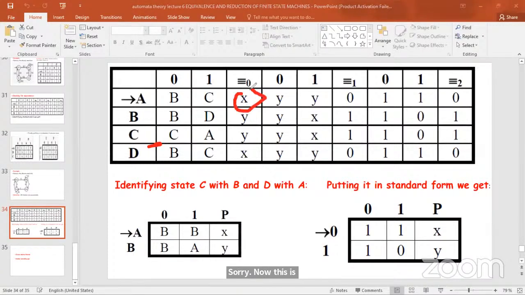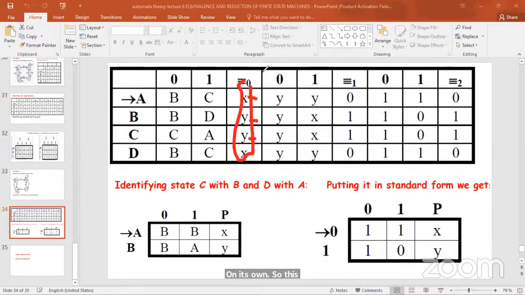This is the output, right? So the output of a Moore machine for that column is the zeroth equivalence. So you don't need to find any pattern. This is the pattern already. X is a pattern. Y is a pattern on its own. So this in itself is the zeroth equivalence.